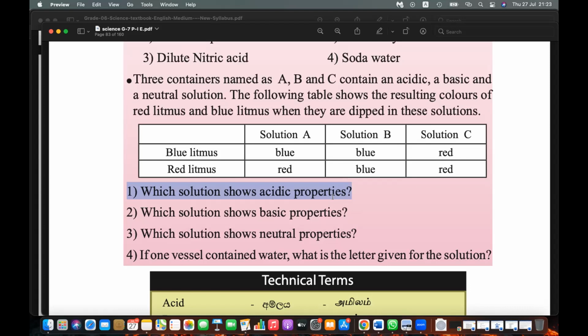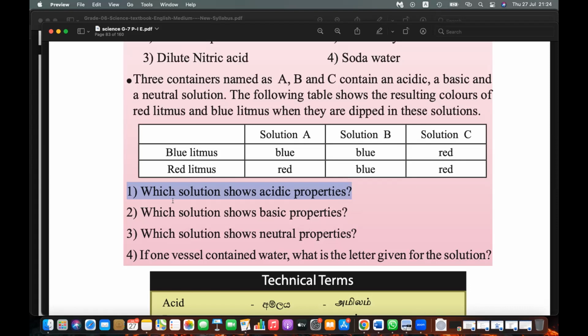Water is neutral, acid or base? Solution A. Yes, excellent. Neutral. Solution A.